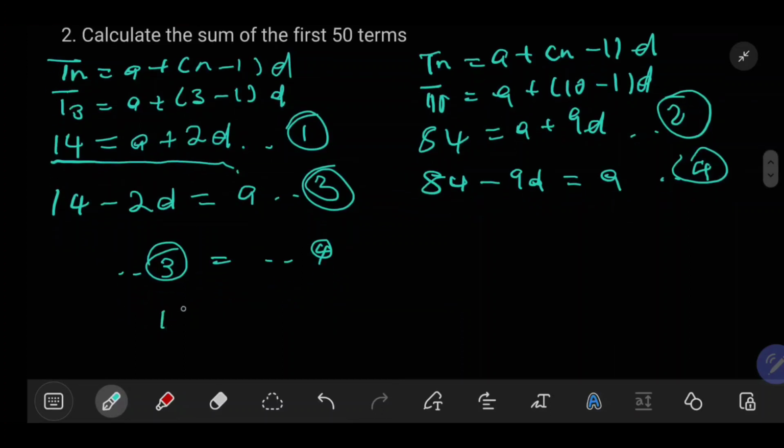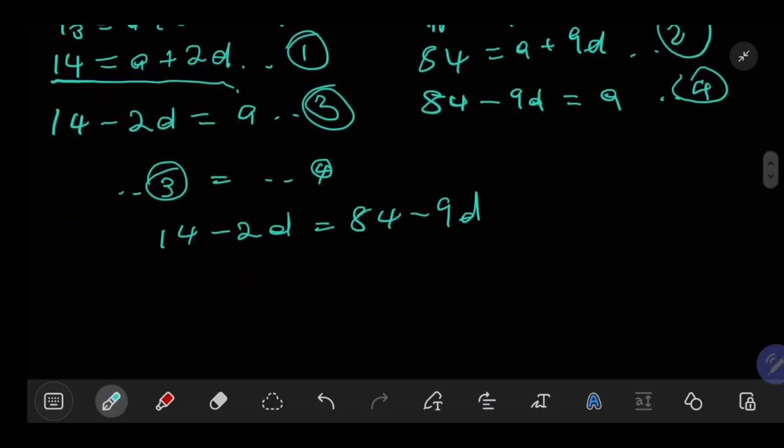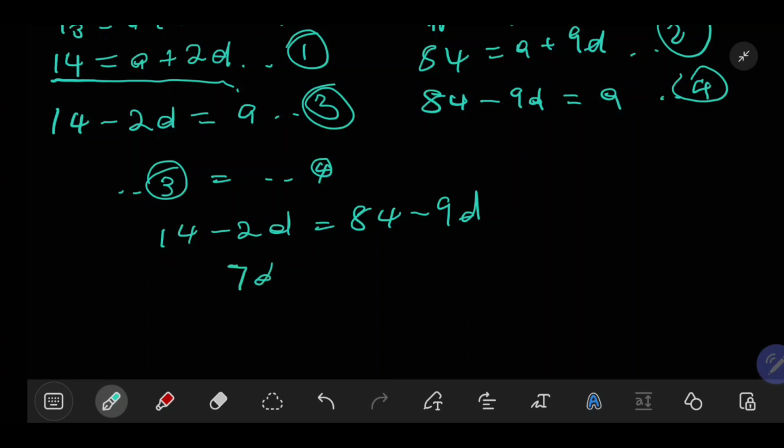So it means 14 minus 2d equals 84 minus 9d. Okay, so now I can take this d to the other side, then I'm going to have 7d. Then when I take this 14 to the other side, I'm going to have 84 minus 14, and then I'm left with 70.